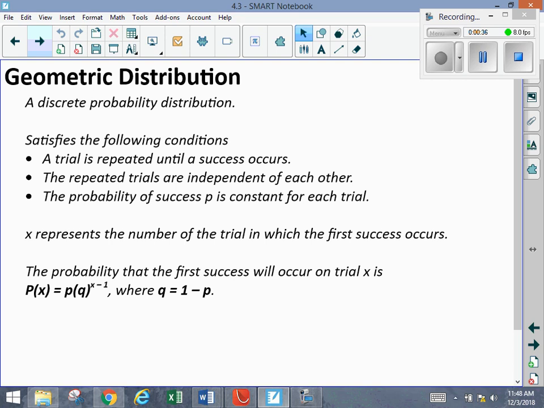The difference is you are looking for the first event that is a success. You're not saying, hey, what's the probability you have 5 successes or the probability you have 2 successes, or up to 5. Now for geometric distribution, you're just finding the probability of the first success happening on some trial, right?